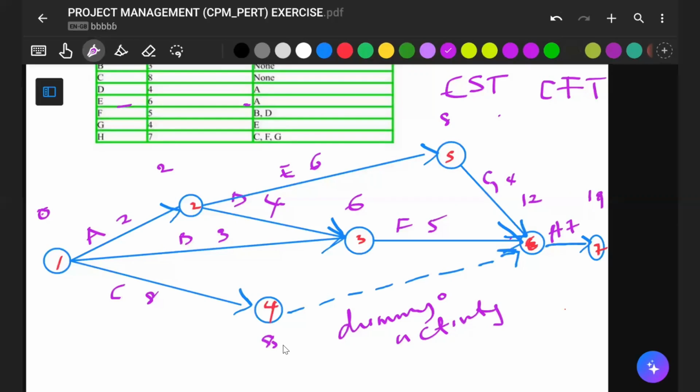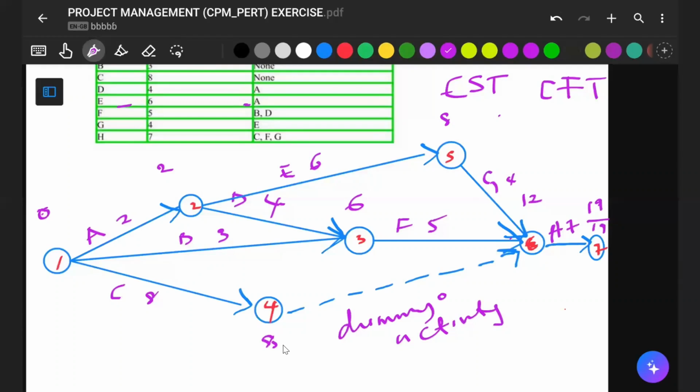If you can recollect the slides I showed you earlier, when you get to the end of the project, the last node, you make this equal. You have two numbers now, one up and one down.